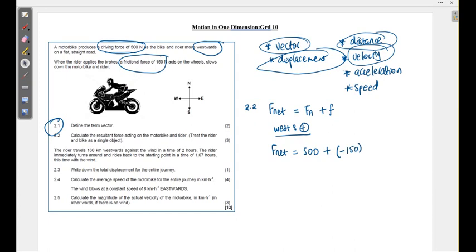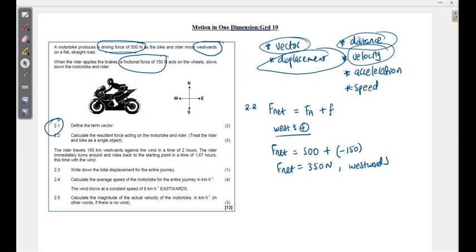Okay, so from there you're going to get your answer as I think 350 newtons. There is the F net. Now this means 350 newtons westwards because that answer is positive. So it's just a way of adding forces. Remember, just use that formula. F net is equal to Fa plus the forces that are on the object.